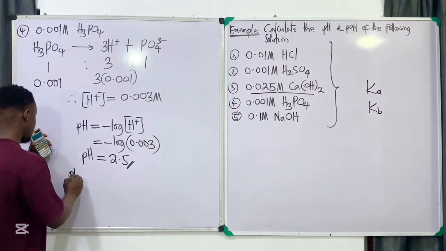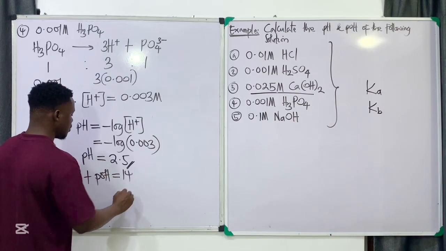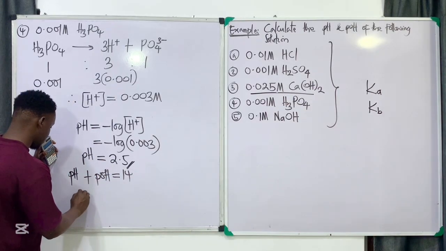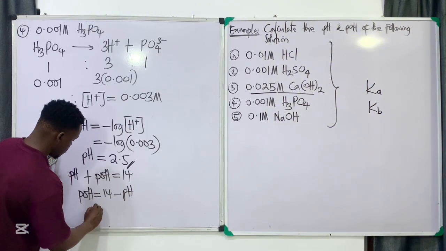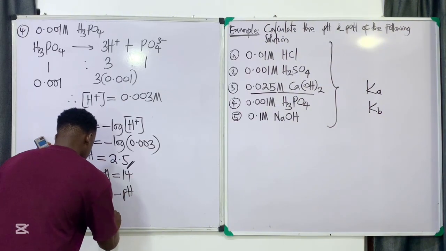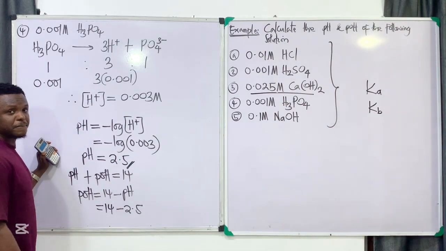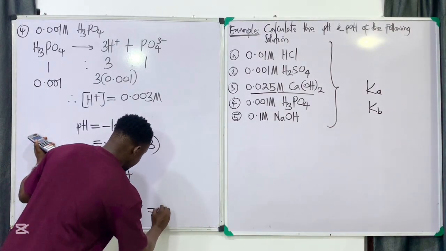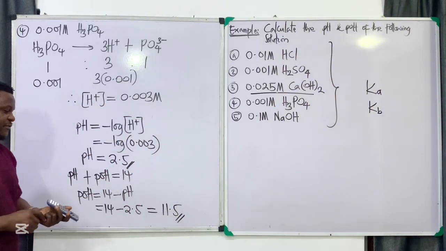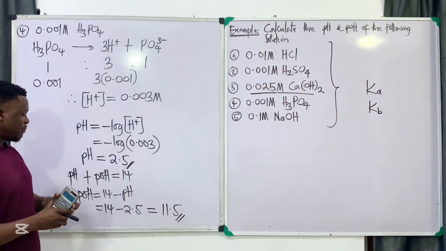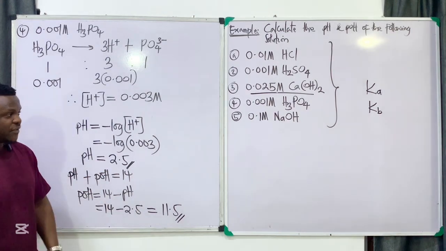So we'll say pH plus pOH equals 14, so pOH is 14 minus 2.5. This will give us 11.5. Alright, so pH is 2.5 and pOH is 11.5.